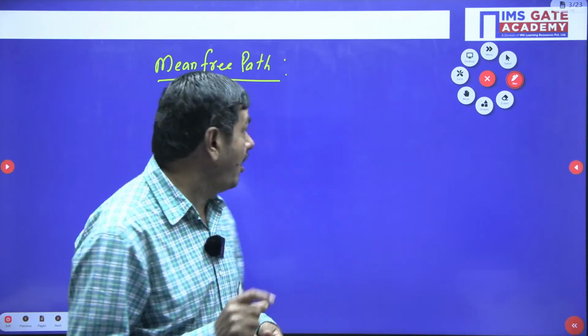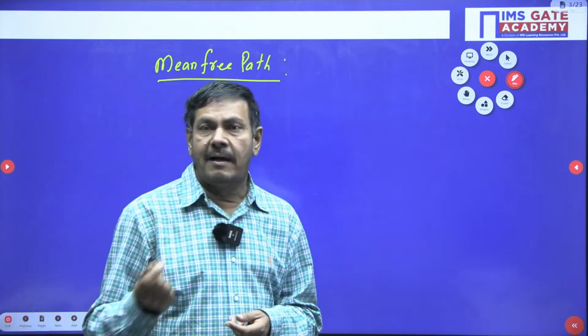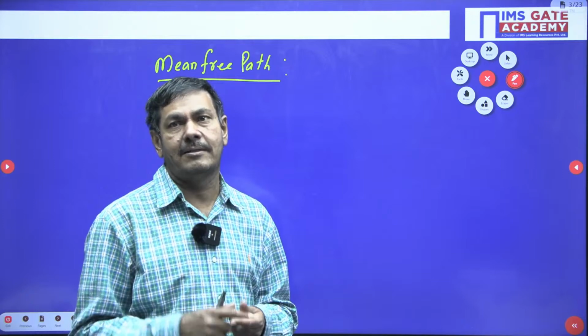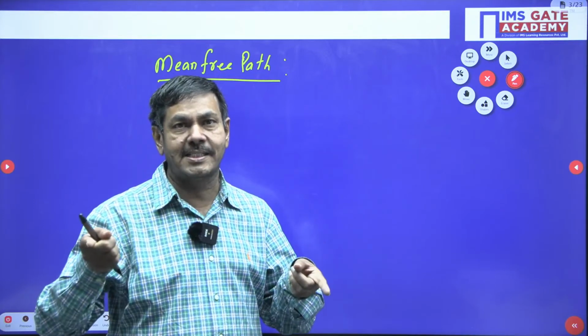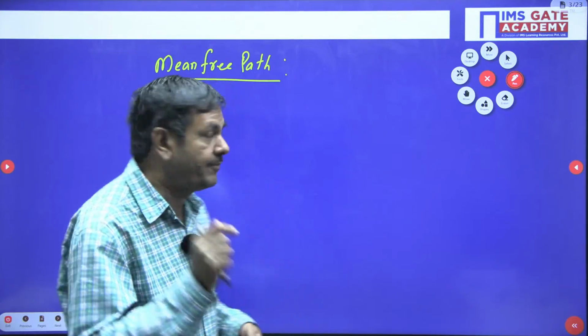So finally, how can we define mean free path? The average distance covered by an electron between two collisions is called the mean free path. I am defining it clearly now.